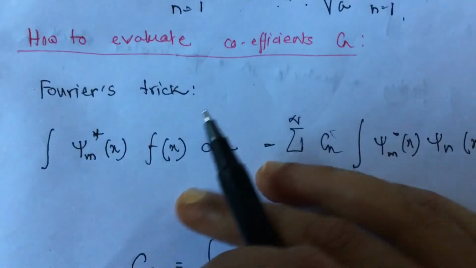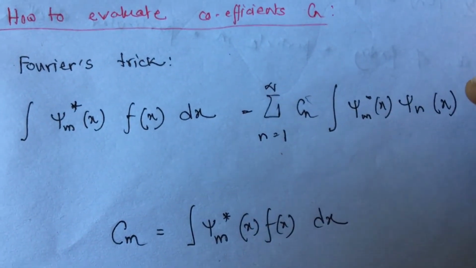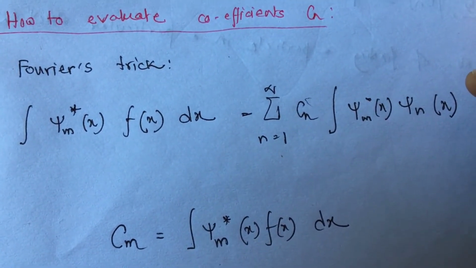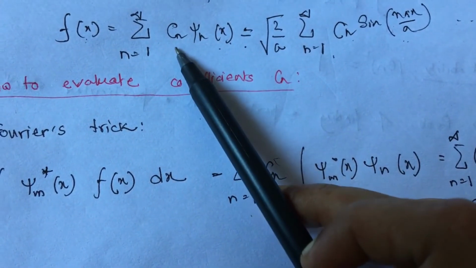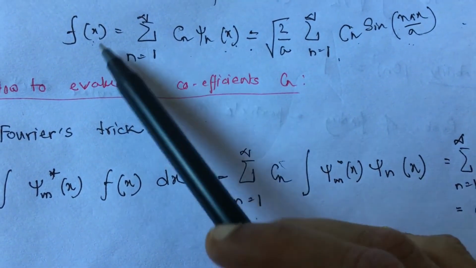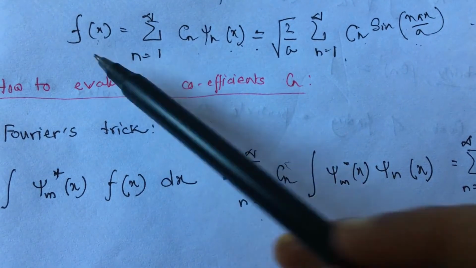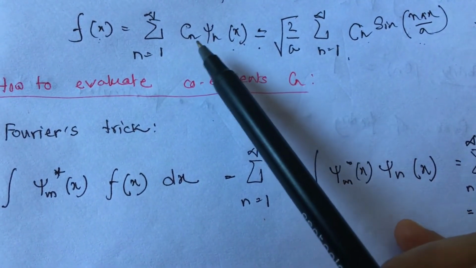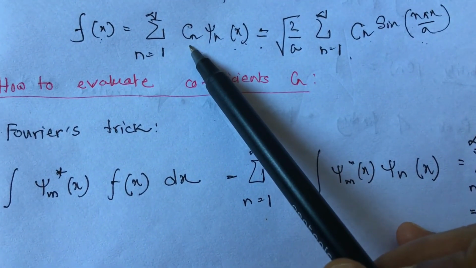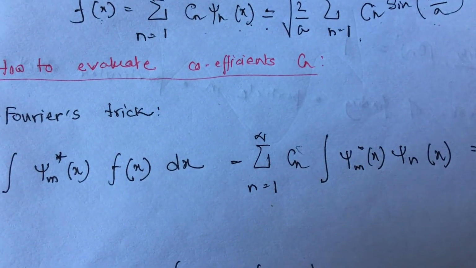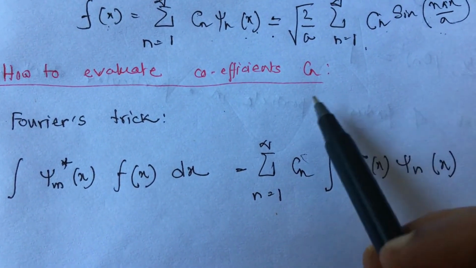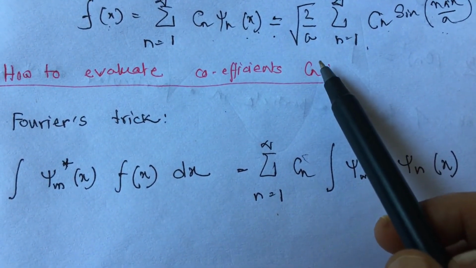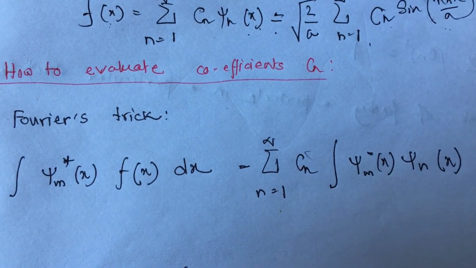This is equation 13. Now how to evaluate coefficients cn? Because if I do not evaluate coefficient cn, how can we find f(x)? Because already I have evaluated psi n, we now just need the cn's. And later I will show you the significance of these coefficients.